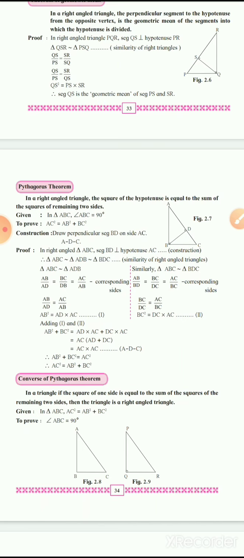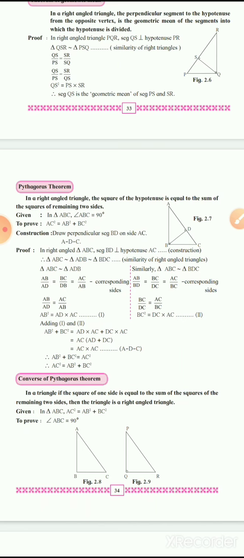Let us see in the figure. In a right angled triangle means here triangle ABC is a right angled triangle. So given means the first part of this statement: in triangle ABC, angle ABC is equal to 90 degrees.